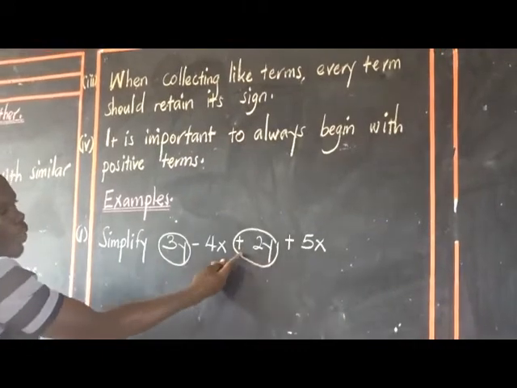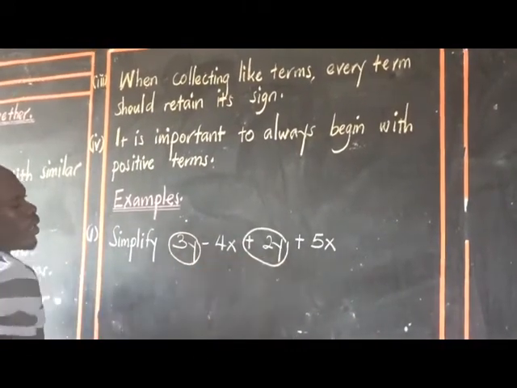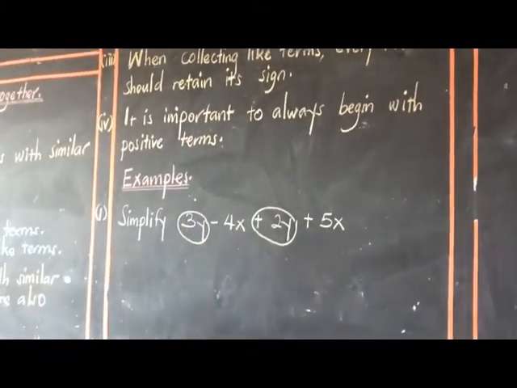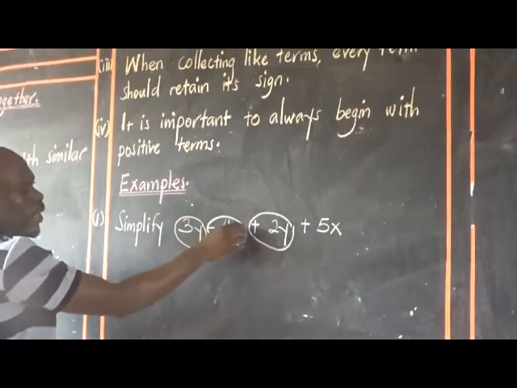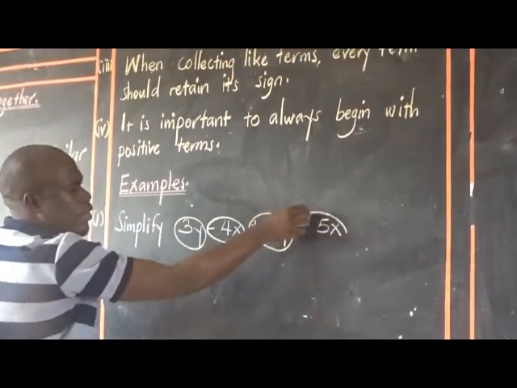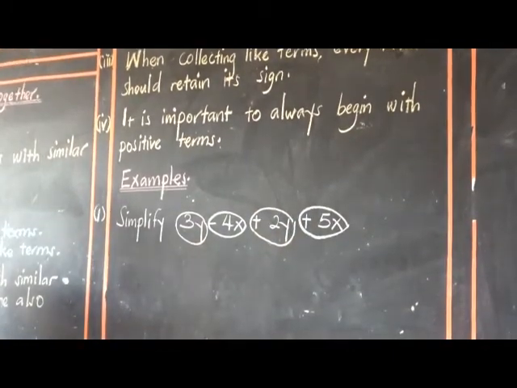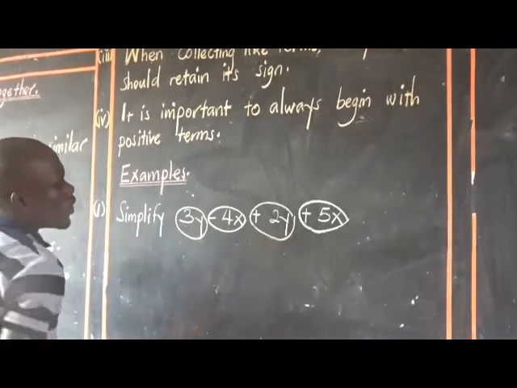So this 2y will retain this plus as a positive term. Then this one also, this term which is negative 4x in this case, and this 5x which is positive will also be like terms. So in collecting like terms, we shall have these ones together and also have these ones together.